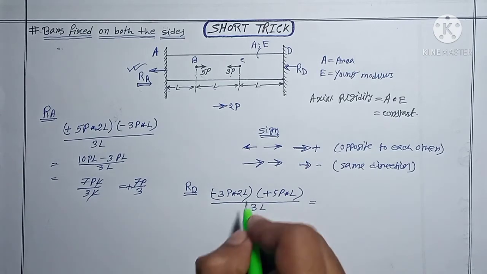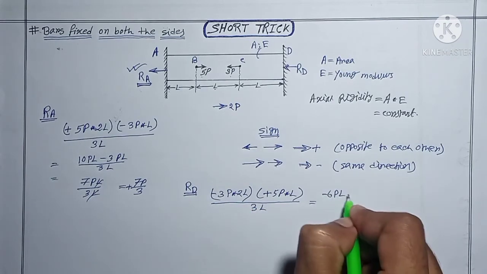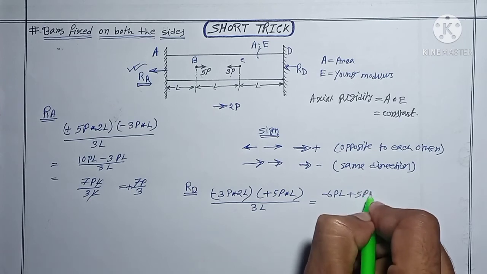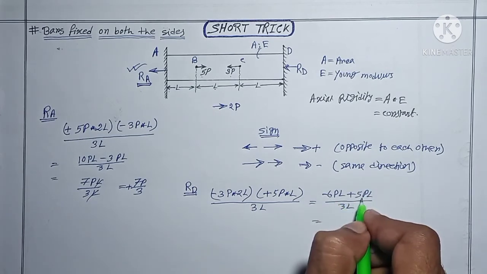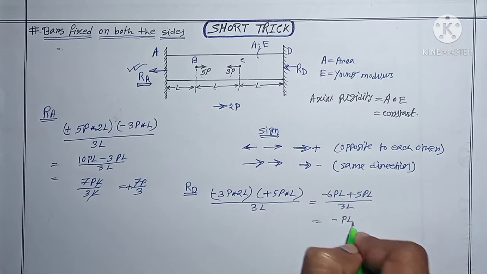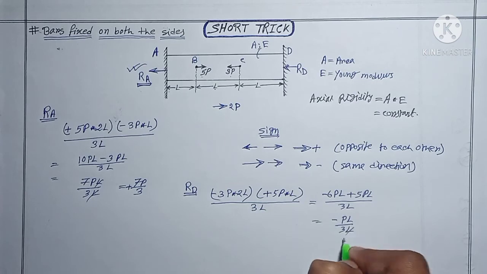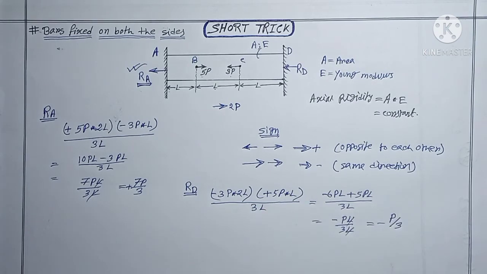So 3P into 2 is 6PL, negative, plus 5PL by 3L. So minus 6 plus 5 will be minus PL by 3L. L gets cancelled out, minus P by 3.